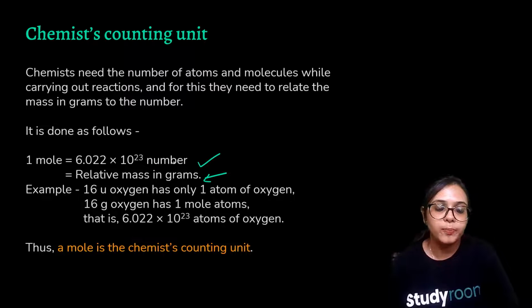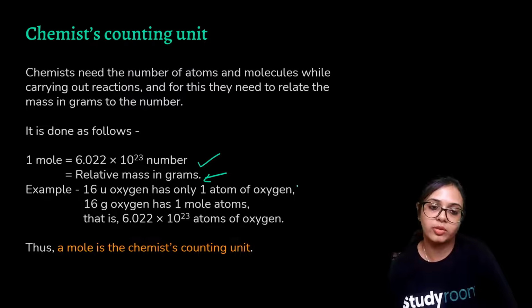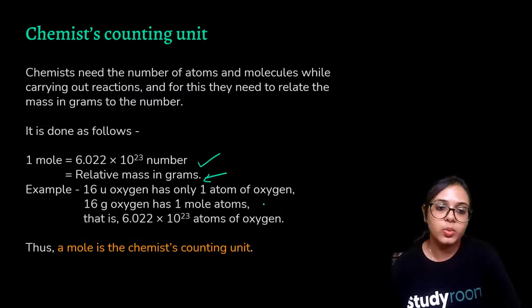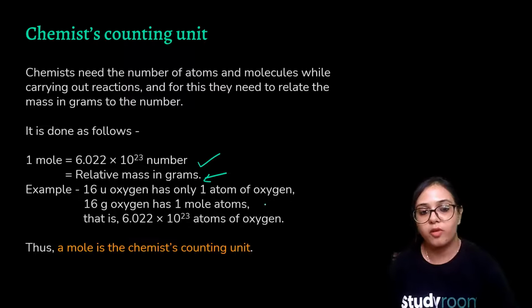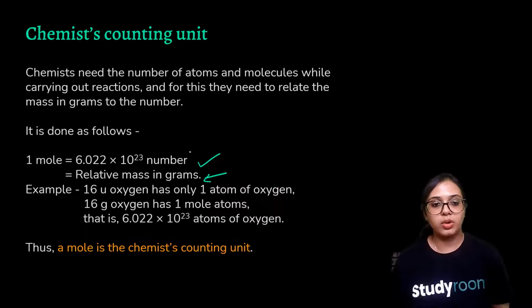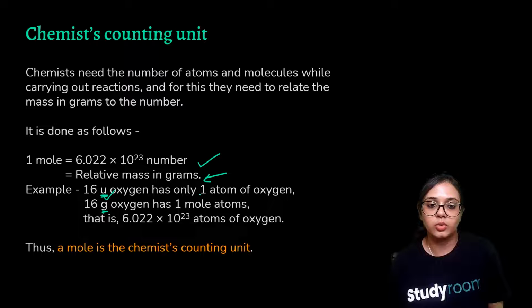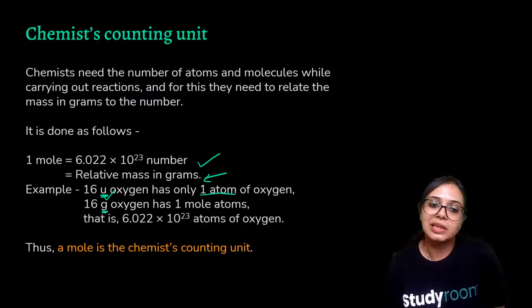So for example, one atom of oxygen has 16U. So we can say that 16 gram of oxygen. Note the difference in the unit. 16U was what we used earlier to denote one atom of oxygen, but now we have taken 16 grams. So we have switched the units.